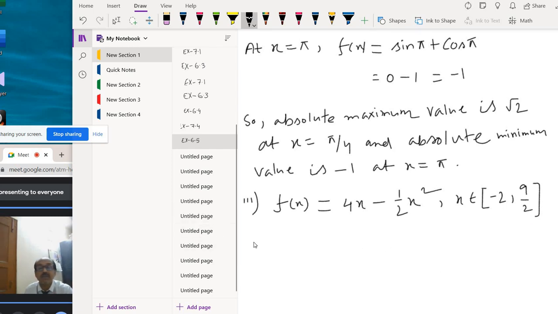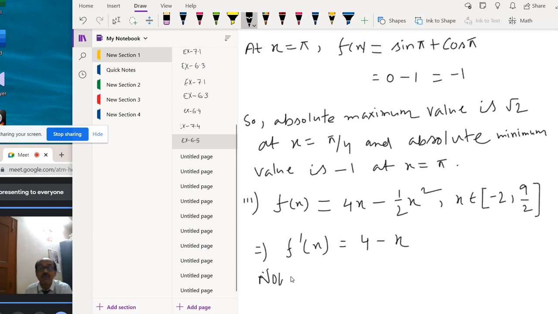So its derivative, therefore f dash x equal to 4 minus half into 2x, that is only x, no? 2 cancel. So 4 minus x.